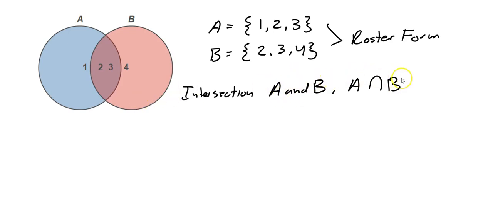However you want to think of it. What is the intersection of these? Well, the intersection right there is going to be this right there. That's your intersection. Where do the two circles meet? Where do they overlap? So A intersect B would be 2 and 3. Well, how about union?